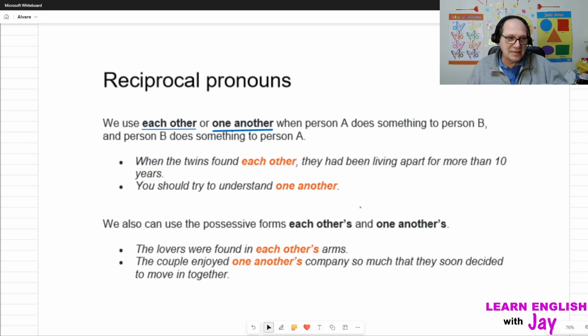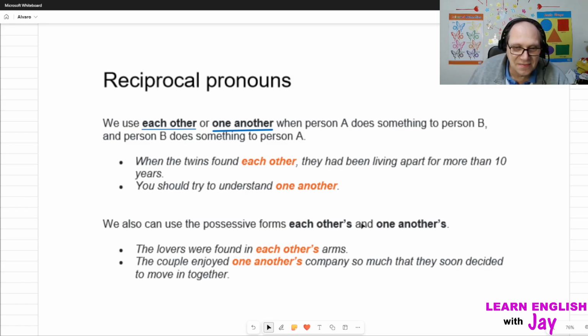This is when person A does something to person B and person B does something to person A. When the twins found each other, twin A found twin B and twin B found twin A. They've been living apart for more than 10 years, so you get the idea there. You should try to understand one another. I should understand you, and you should understand me.